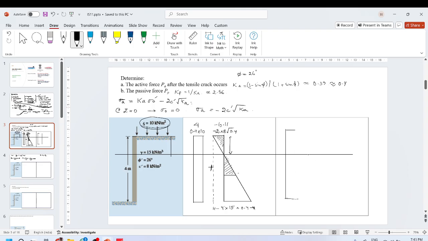For example, now the net answer on the top is minus 10.11, this will be minus 6.11.